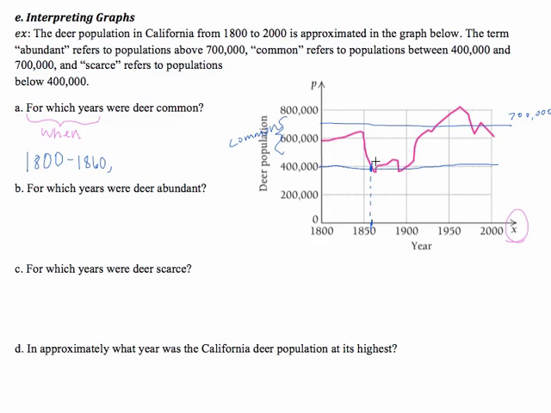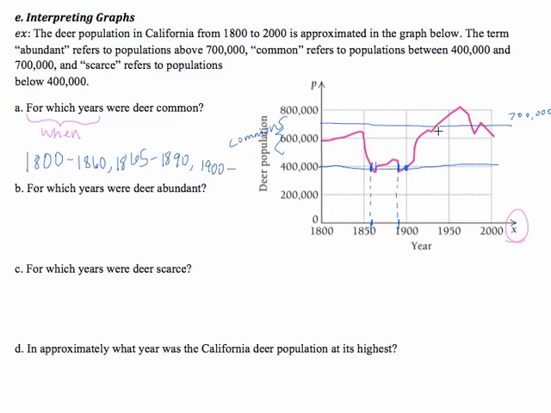And then it pops back up, so I'm going to estimate 1865 or something. And it stays above 400,000 again until right there, maybe 1890. Then it goes below it just briefly, and it comes back into the common range right about there. I think that's crossing right at the year 1900.